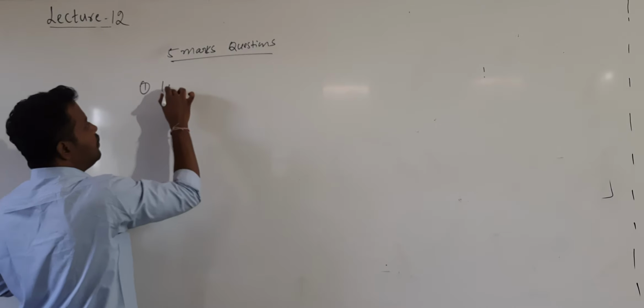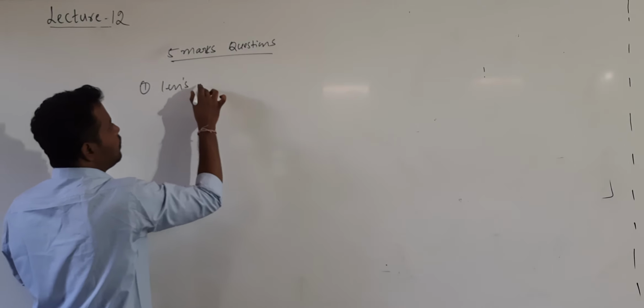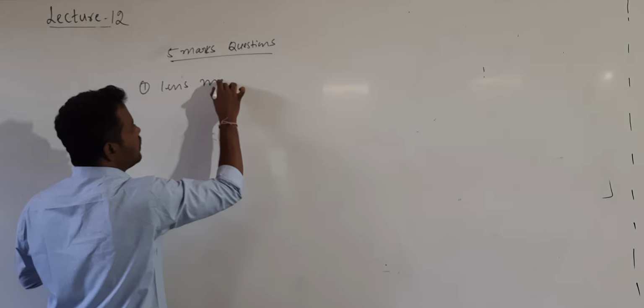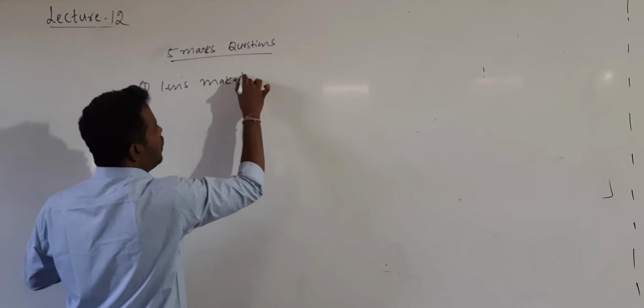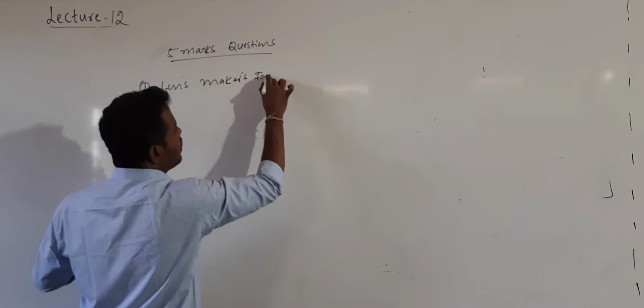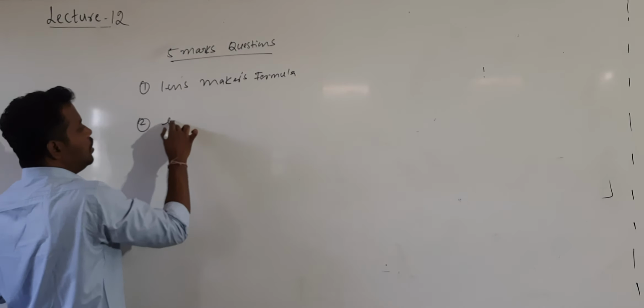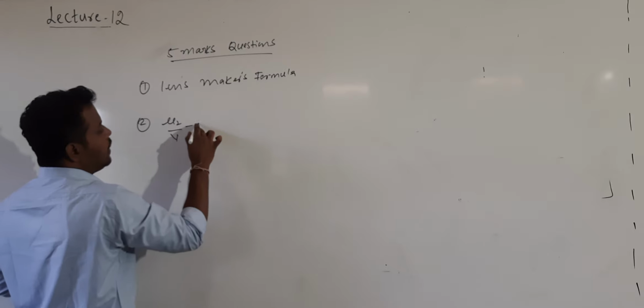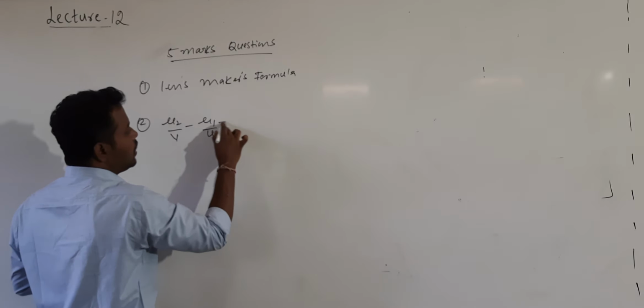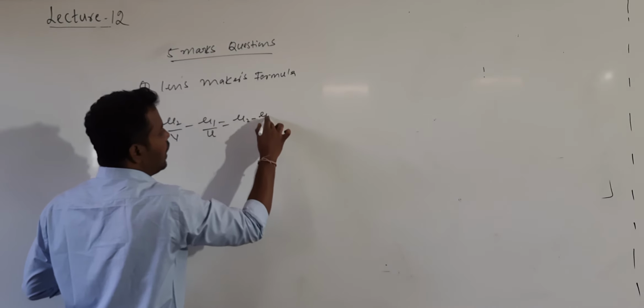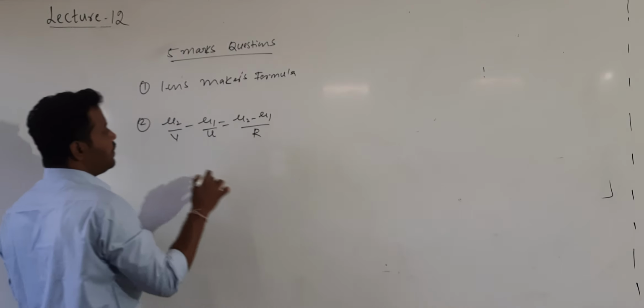The main important formula is the lens maker's formula, which is many times given as a 5 marks question. One more is mu 2 by v minus mu 1 by u is equal to mu 2 minus mu 1 by r, for refraction through a spherical surface.